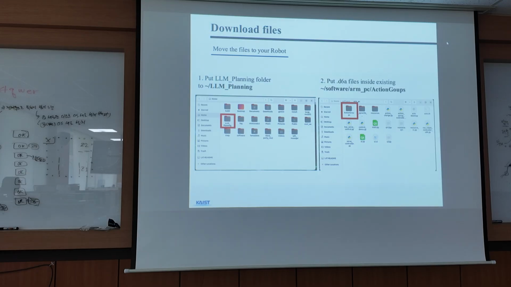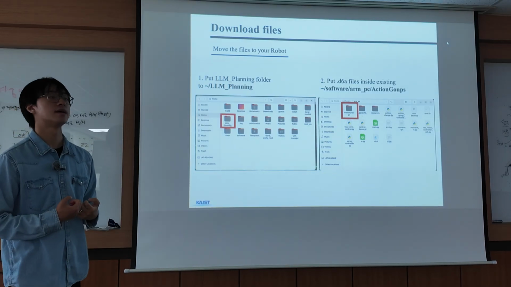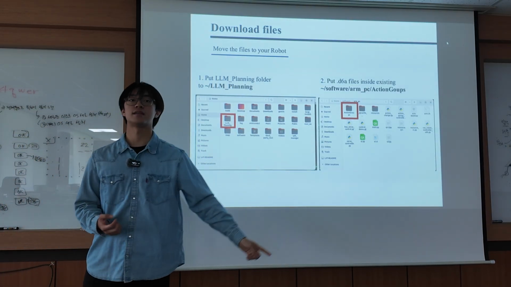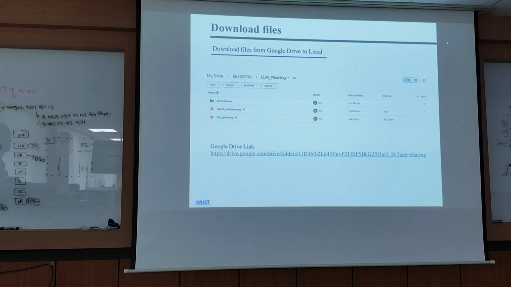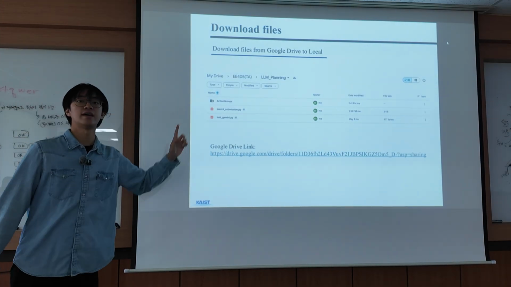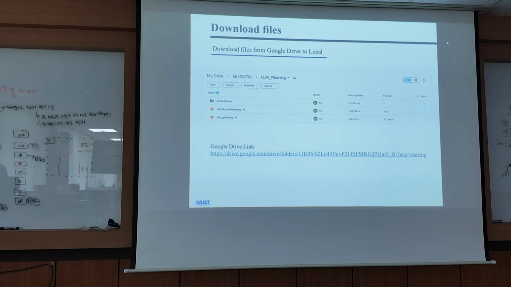The action groups is the folder that you already have in JetRover, and when you paste the files inside the action groups that we give, then you may execute the predefined action groups that we uploaded.